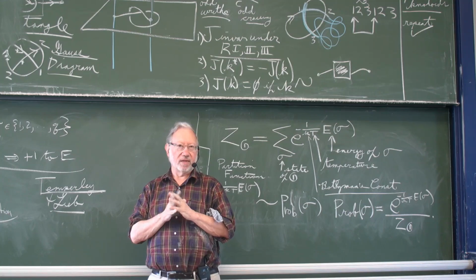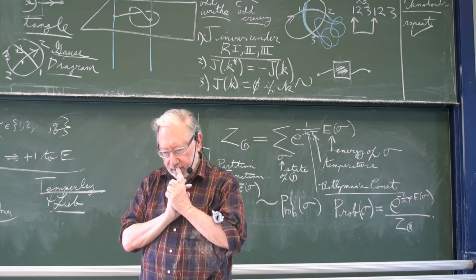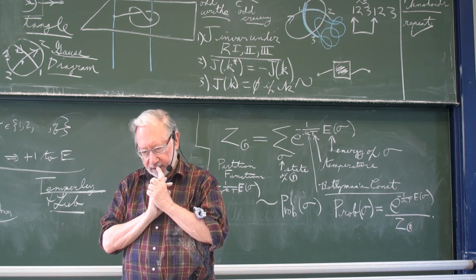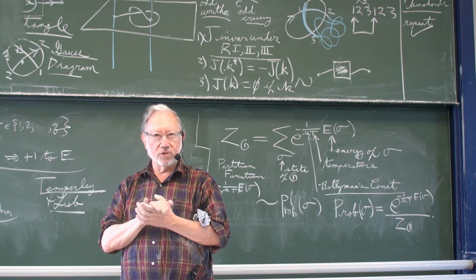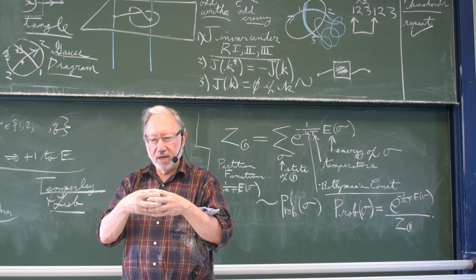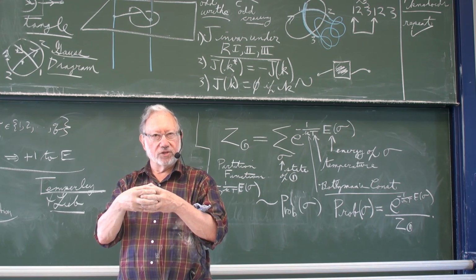I'll show you that at the beginning of next time. So this turns out to be right on top of the formalism of the bracket. So what we'll see at the beginning of next time is that the Potts partition function is a graph theory polynomial, and I'll show you how it is.